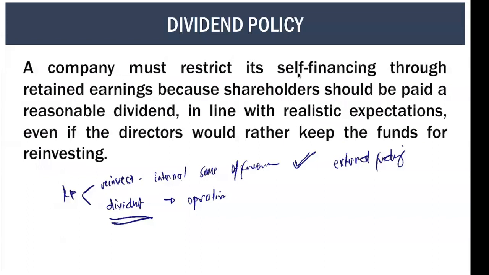So you must not restrict your self-financing, because we need to pay your shareholders a reasonable dividend. Even if you always want to reinvest, of course, you must pay dividend.